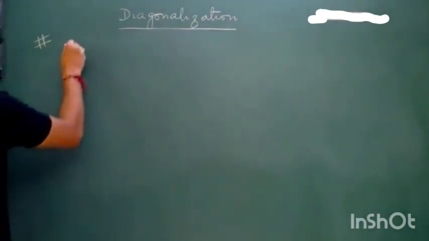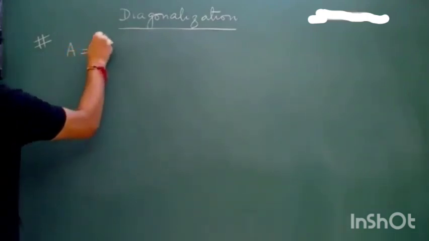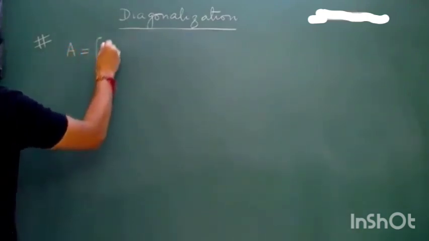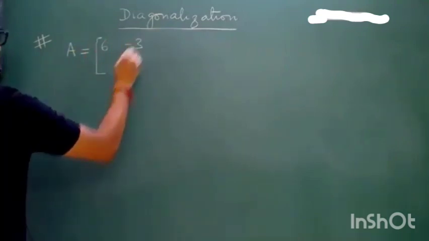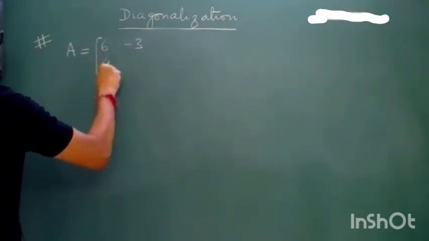This will be a very good example to understand the complete thing, whatever I have told you. So suppose A is a matrix given by 6, minus 3 and 4, minus 1.